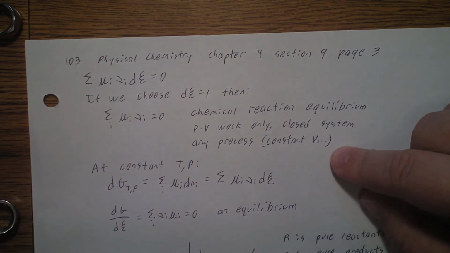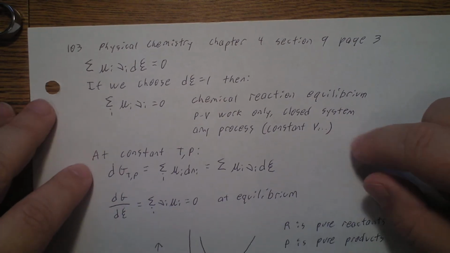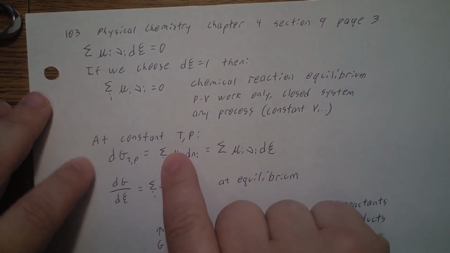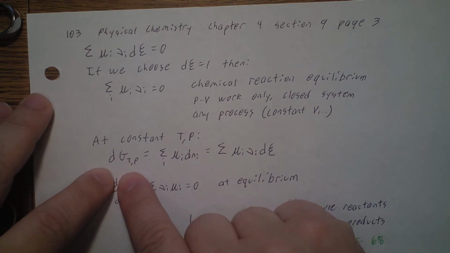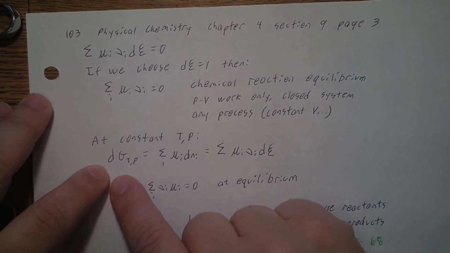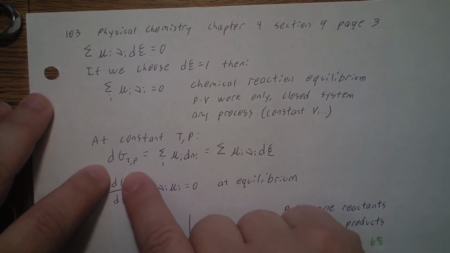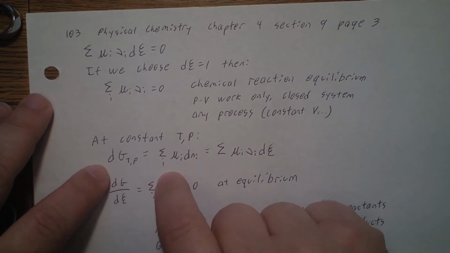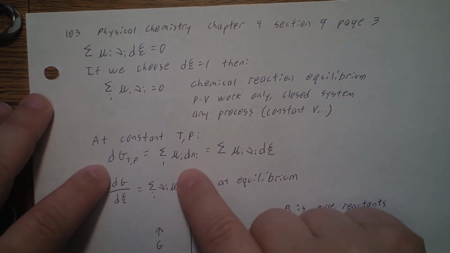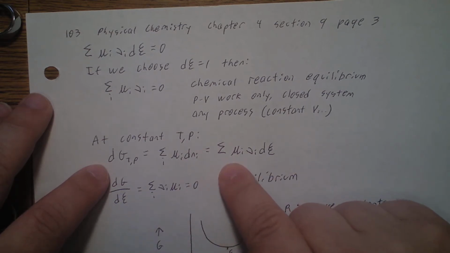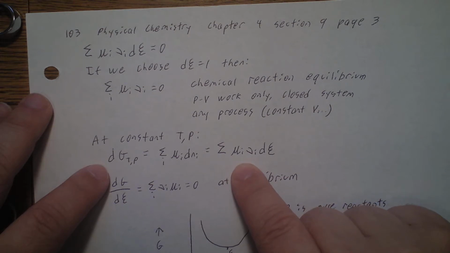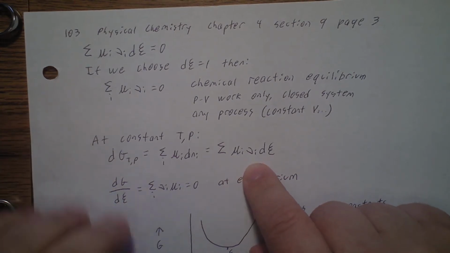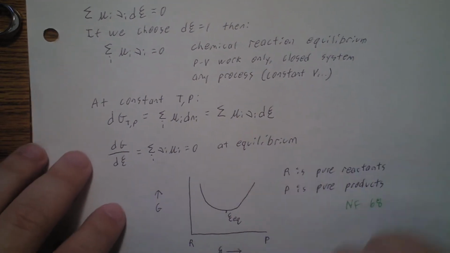But this is any process, like constant volume, constant temperature, whatever. So let's say we have constant temperature and constant pressure. Then the differential of the Gibbs free energy at constant temperature and pressure is equal to the sum over all the substances I of the chemical potential of substance I times the differential of the number of moles of substance I. And that's going to be equal to the sum of the chemical potential of substance I times the stoichiometric coefficient of substance I times the differential of the extent.